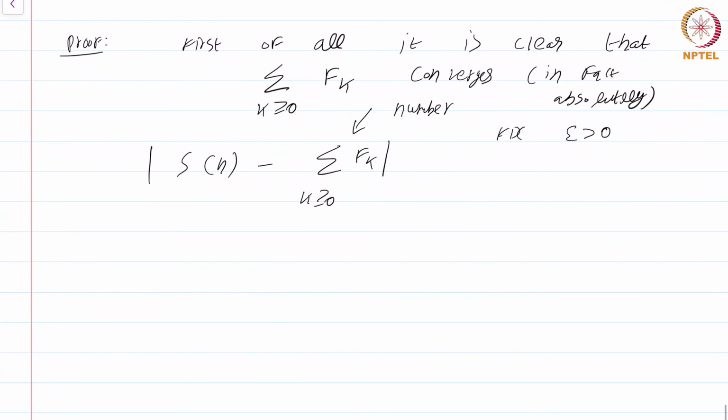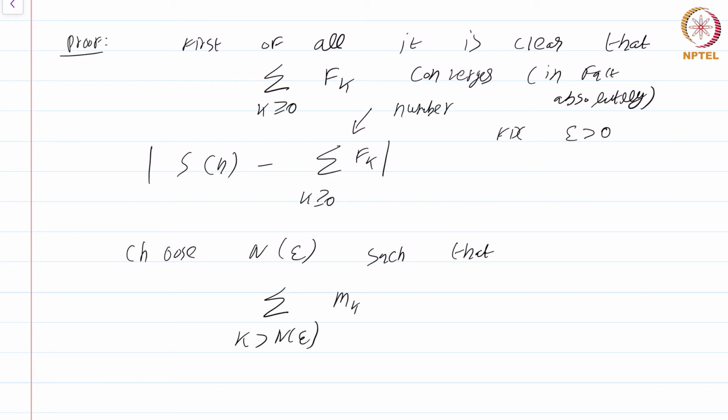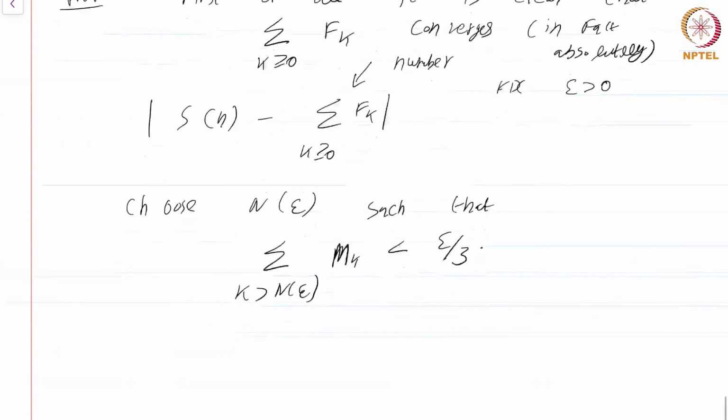To do this, first choose N of epsilon such that summation k greater than N of epsilon of Mk is less than epsilon by 3. This can certainly be done because these summation Mk's converge. So you can make the tail as small as you want.